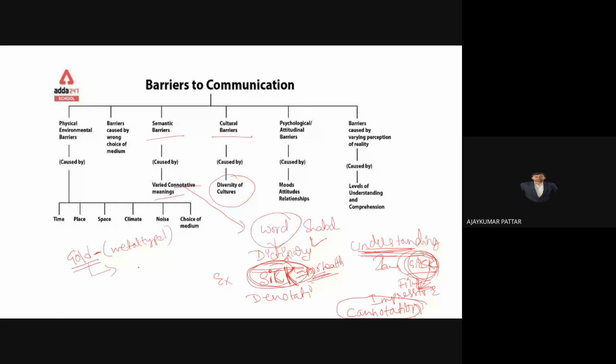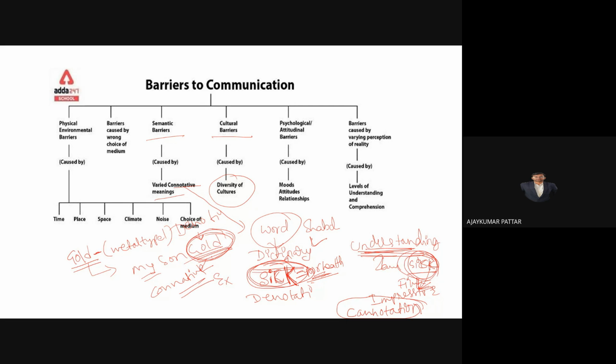But if anyone says my son is gold, what do you understand? If my mother says my son is gold, what will you understand? The meaning is different in this context, but the dictionary meaning of gold is one of the metals. But using gold in this context, the meaning is different. The dictionary meaning is called denotation. The understood meaning, the interpretation of that word, is called connotation, connotative meaning.